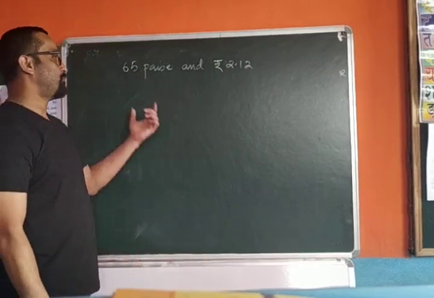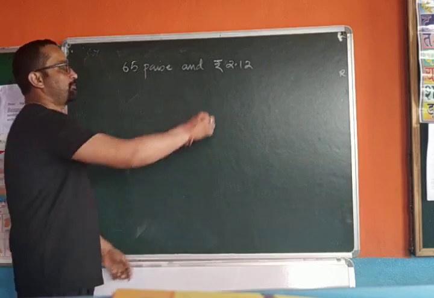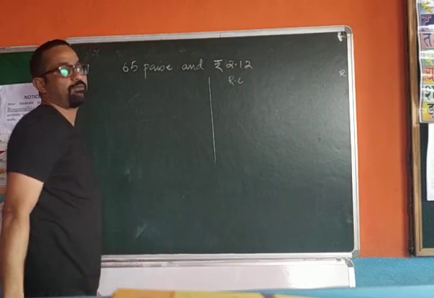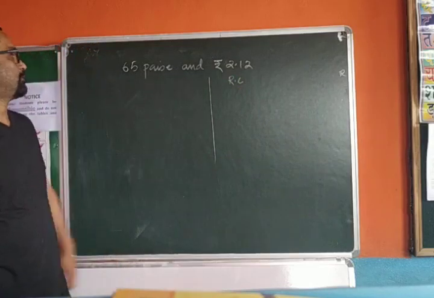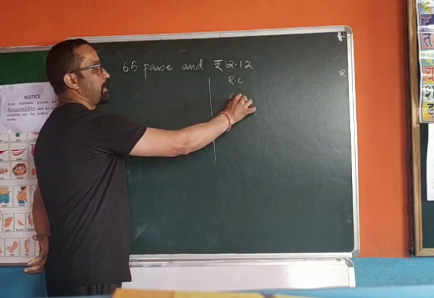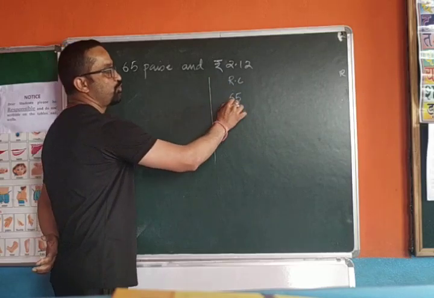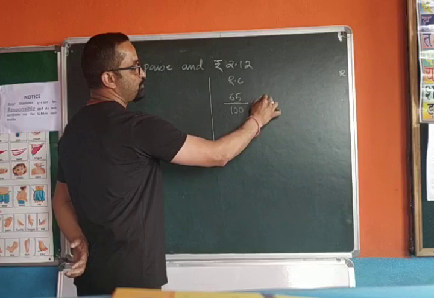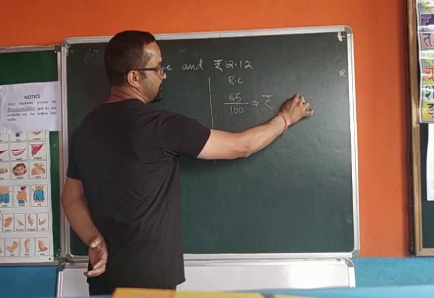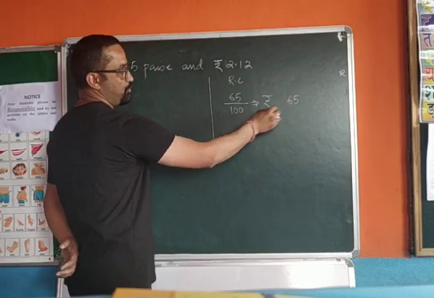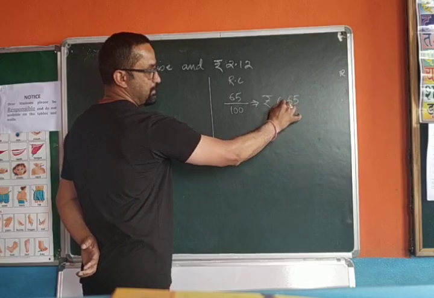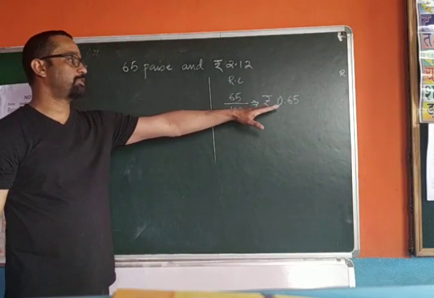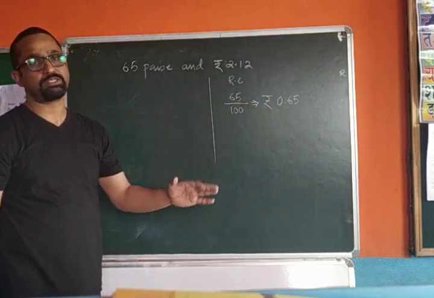Or you can do one thing, this paise you convert at the side, rough calculation, rough work. 65 paise, you have to convert into rupees, so you divide by 100, which is equal to rupees 65, 2 zeros, 1, 2, decimal place is 0. 65 has been converted to rupees.